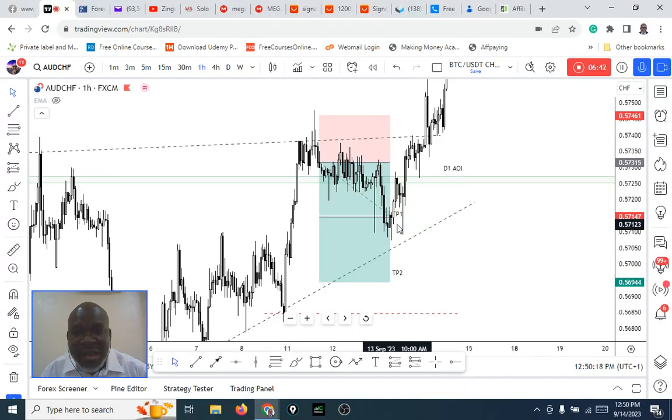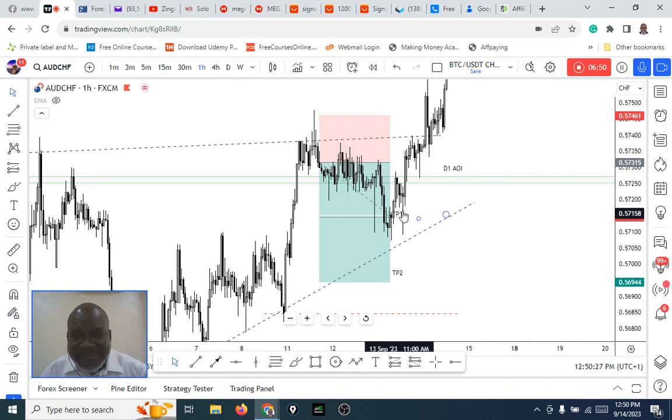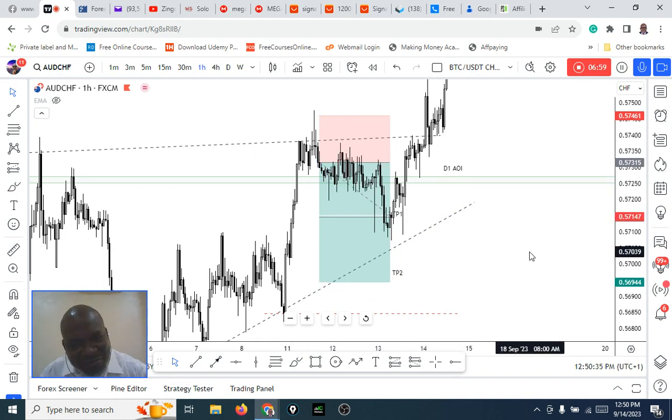Now, if you hit your take profit one, what you should do is move your stop to break even. You move your stop to break even and take partial profits after trailing your stop. That is, you have taken some profit out of this market.